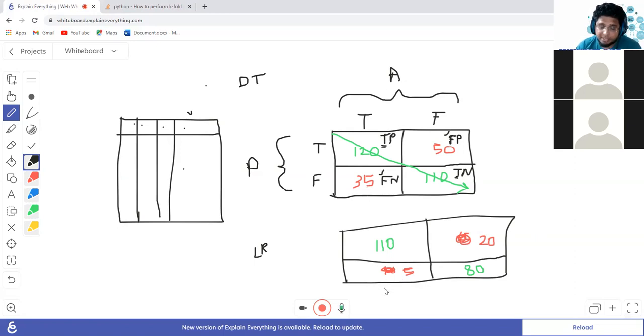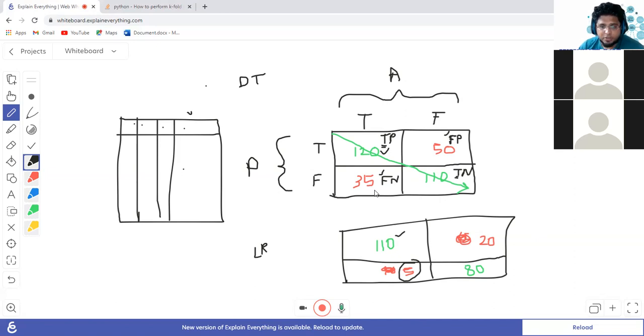So that means a person who has heart disease and your model is telling that, boss, you don't have heart disease, you go on eating junk food. So that is a very risky model, right? So even if this value is lower than this value, this makes all the difference, because this one is much more important when it comes to the medical ground, right?